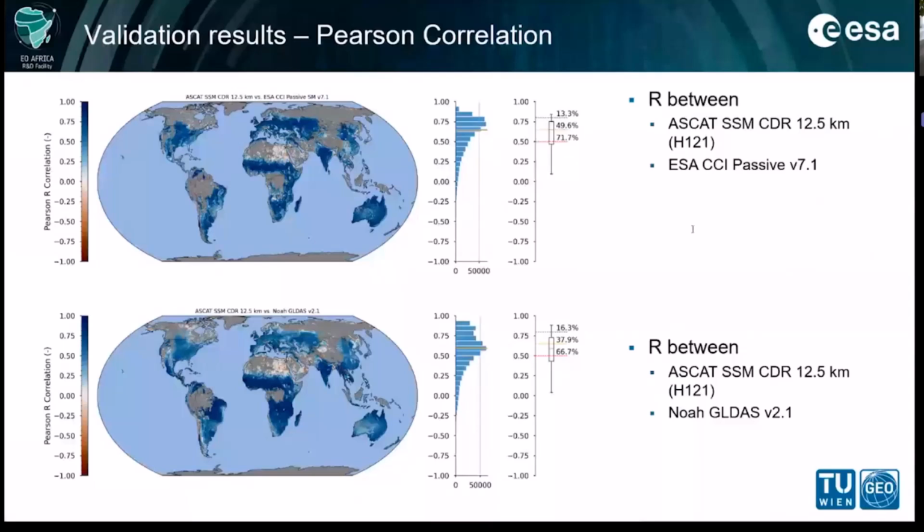In any case, once we've done all the new changes, not those two I just discussed, and you do a comparison against passive microwave-derived soil moisture data or against a model soil moisture data set, you see here that we get rather good correlations against those independent reference data.